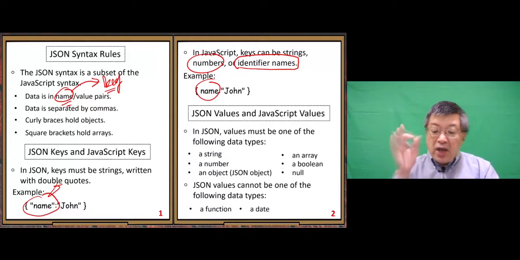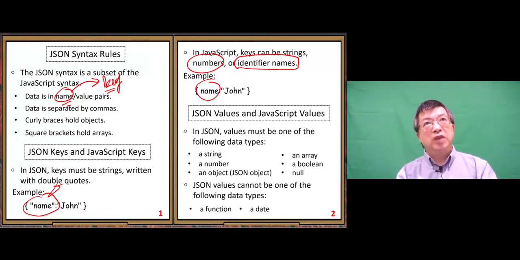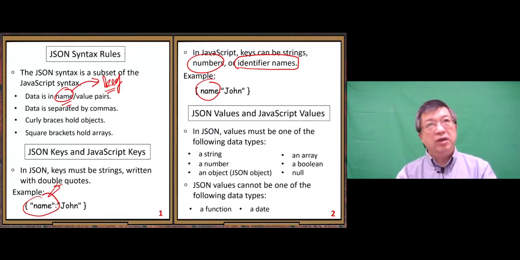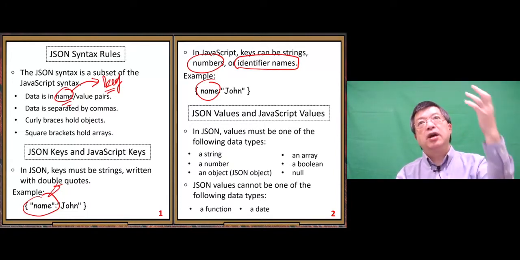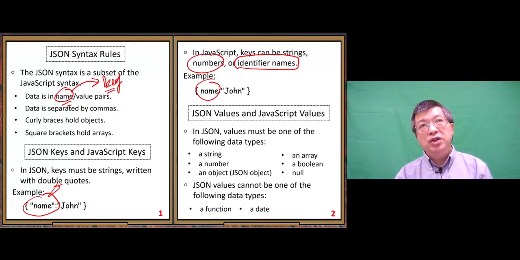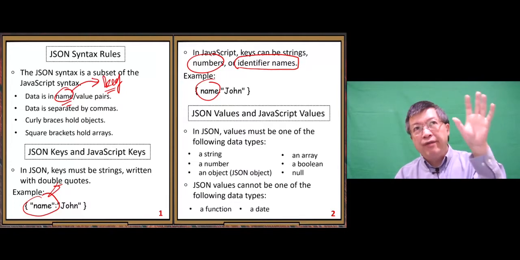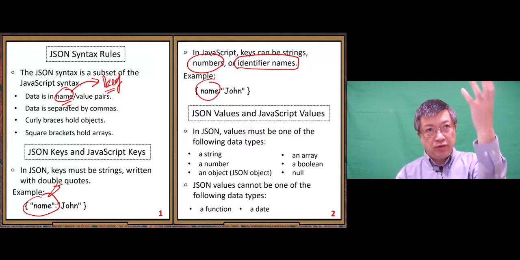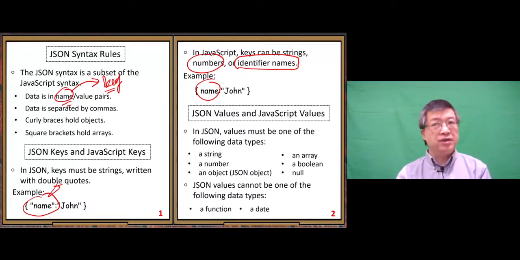And a date object. JavaScript date. Inside JavaScript, we use object to represent dates. That date object, you cannot use it directly as a JSON object. If you want to use date information, you need to use the string format. String can be used to represent a date. So that is okay.